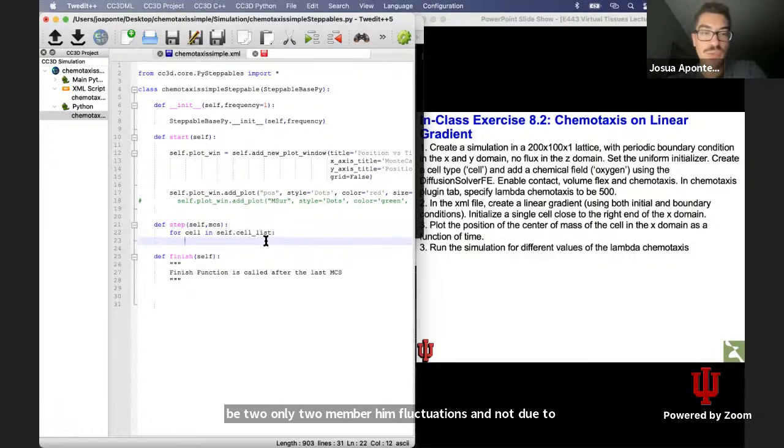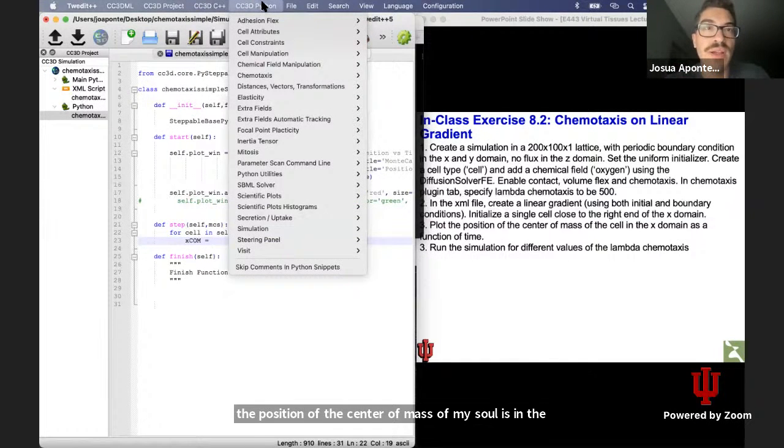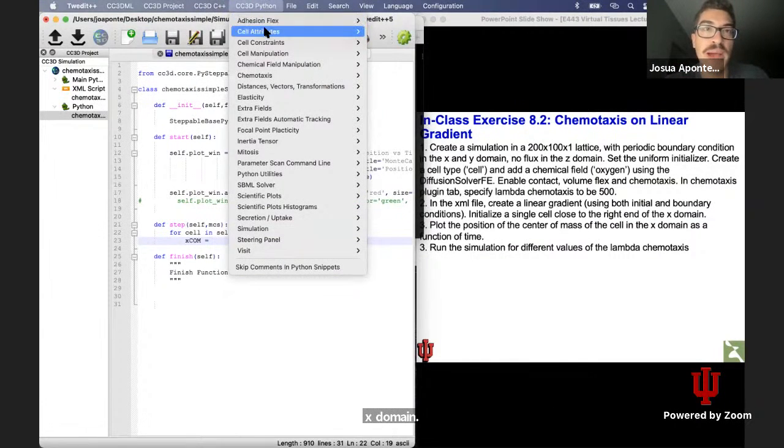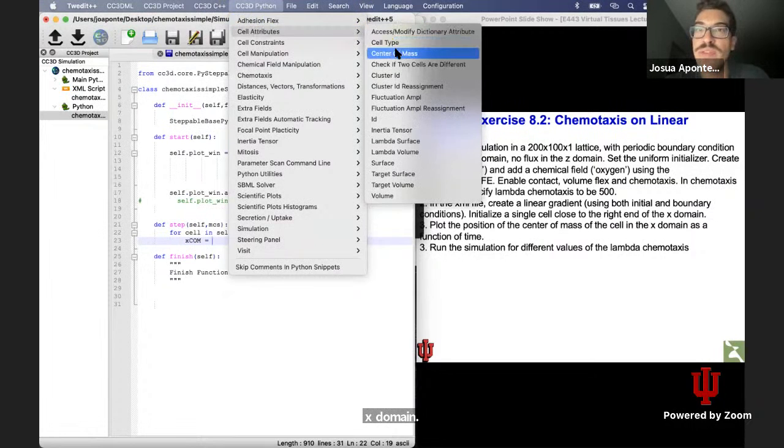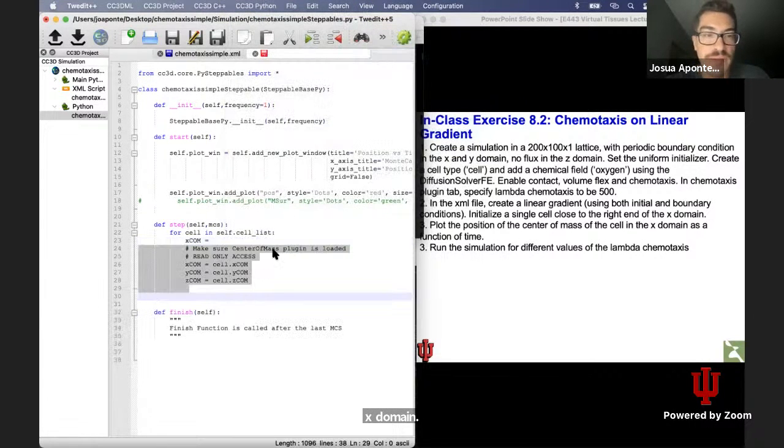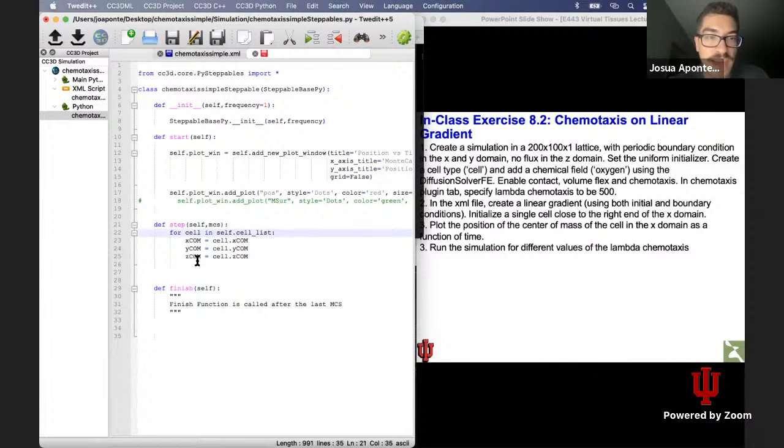So I need to collect somehow the position of the center of mass of my cell in the X domain. To do that, I can come to CC3D Python, cell attributes, center of mass. You see that you already loaded the center of mass in all the X, Y, and Z positions.